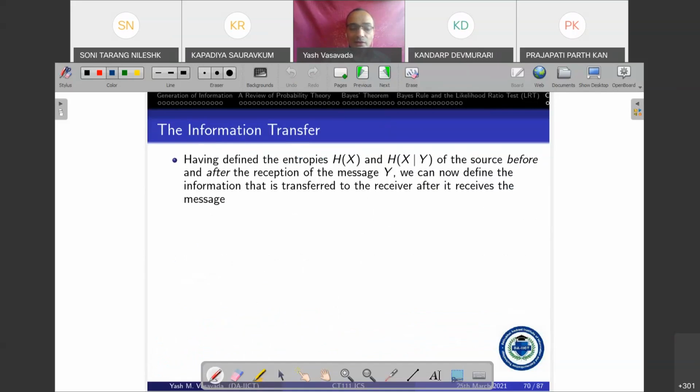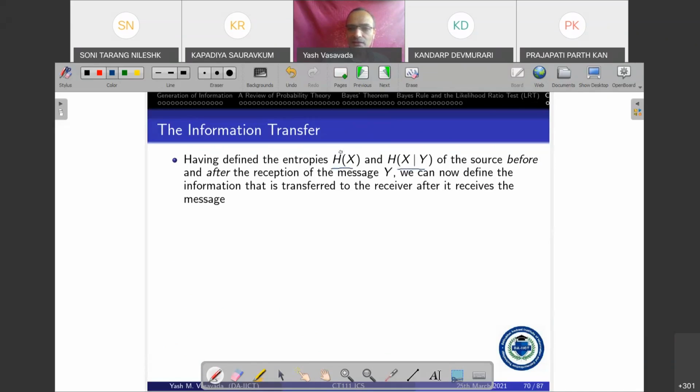So the definition of how much information actually gets transferred over a communication channel is a function of both the entropy of the source based on prior probabilities and the conditional entropy of the source based on the conditional probabilities.